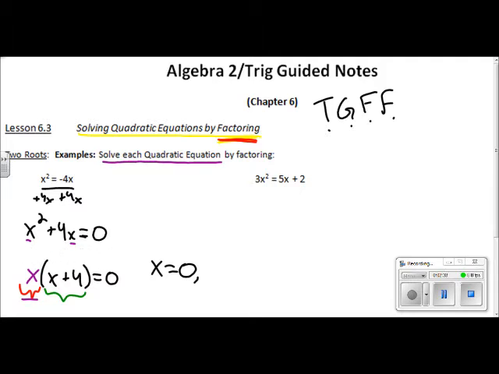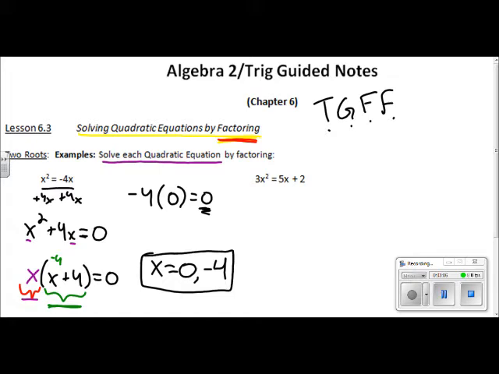If we are just looking at the other part, we want our x to be negative 4, because negative 4 plus 4 would be 0. That way, our outside x would be negative 4 times negative 4 plus 4, which is 0, and negative 4 times 0 is 0. So that would be true. So we can either have x being 0 or x being negative 4. These are our two solutions.